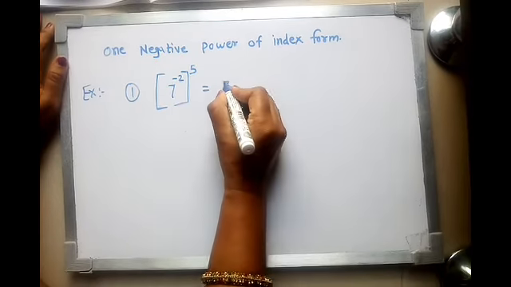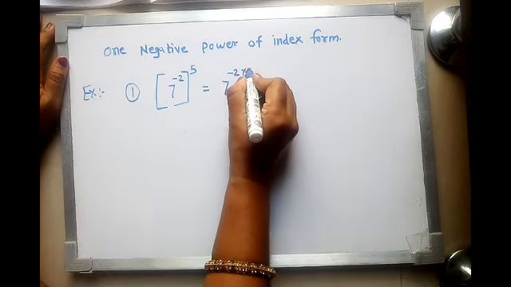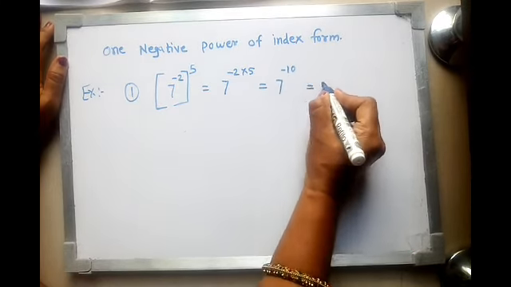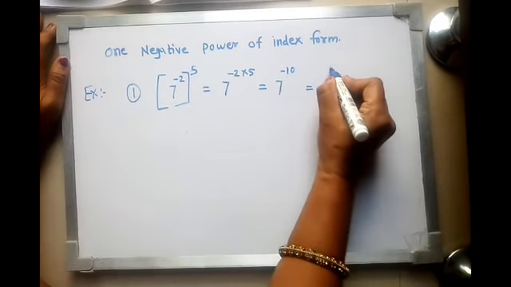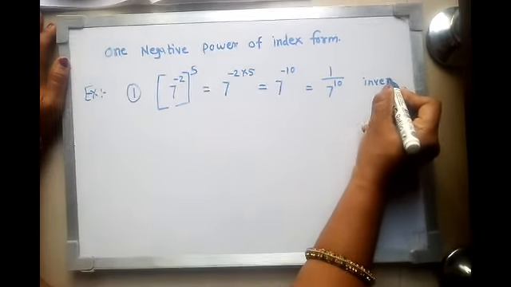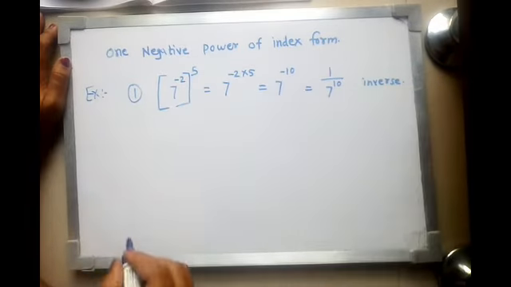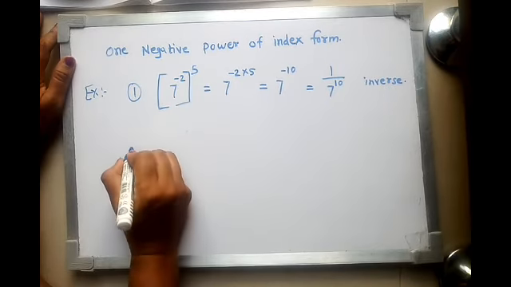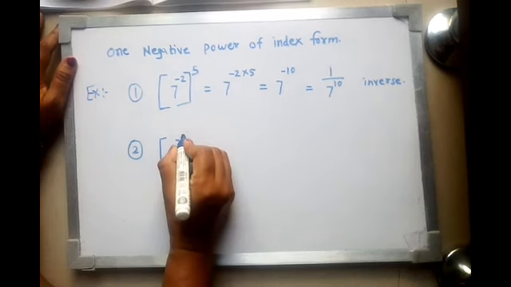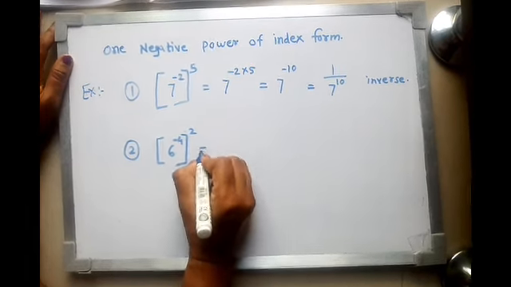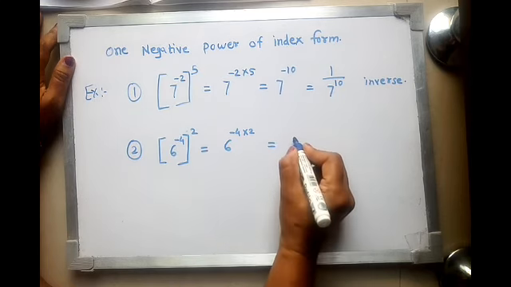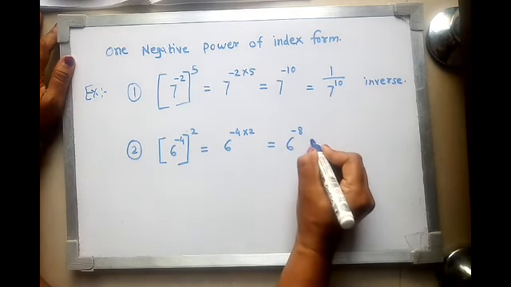Next example with a negative power of index form: (7 raised to minus 2) raised to 5 is 7 raised to minus 10. It is converted into multiplicative inverse, 1 upon 7 raised to 10. Second, (6 raised to minus 4) raised to 2 is 6 raised to minus 4 into 2, 6 raised to minus 8.